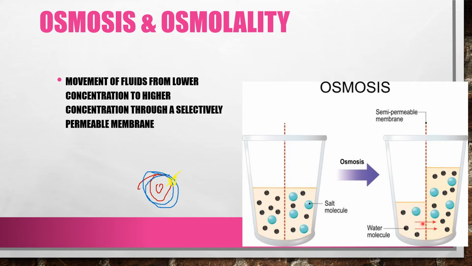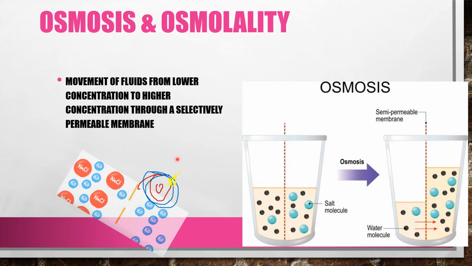See this image, you will be able to understand easily. See this water content, that is a low water content. This is a low concentration of molecules. The movement occurs from low concentration to higher concentration. So this process we can call osmosis. This is one method of fluid transportation.